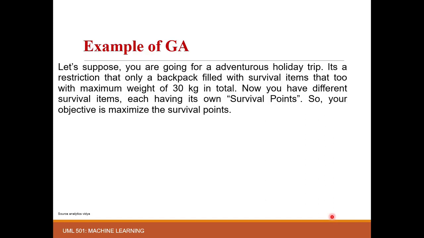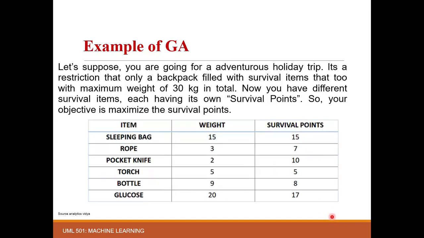Let's suppose you have taken the item sleeping bag in your backpack, then its weight is 15 kg and its survival points are 15. Similarly, you can select other items also, and you may select 4 items, 5 items, or maybe 3 items, but together their weight cannot be more than 30 kg.